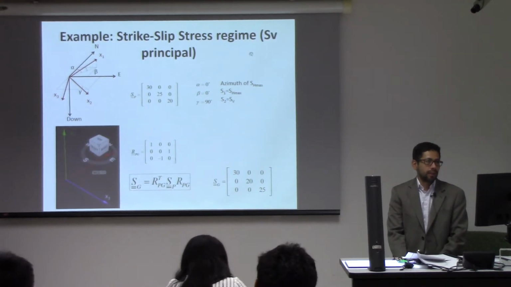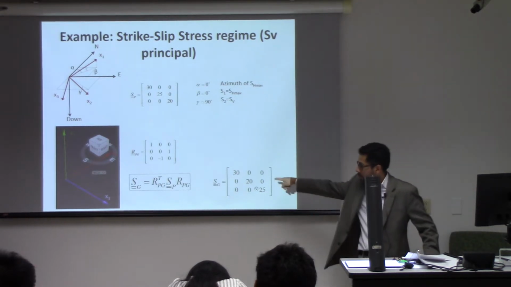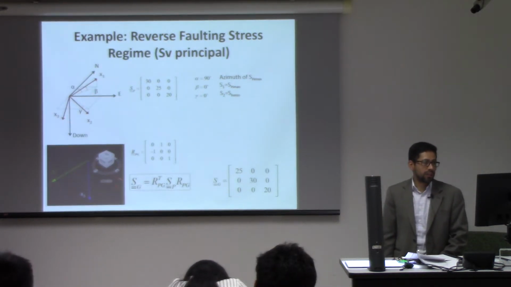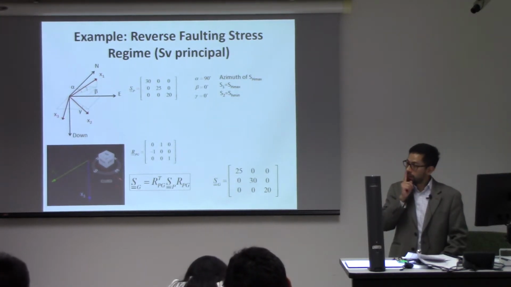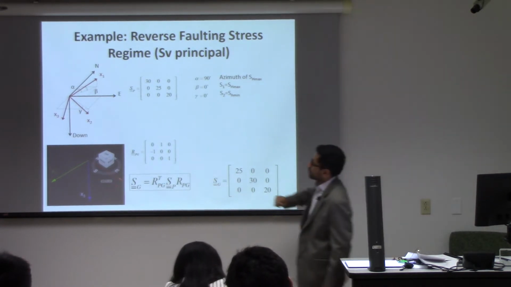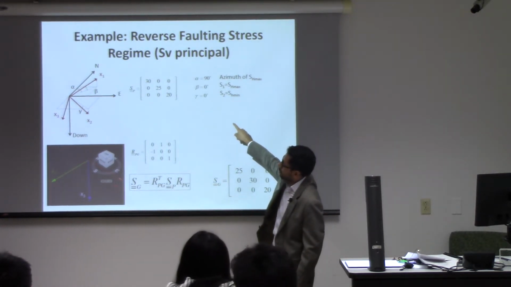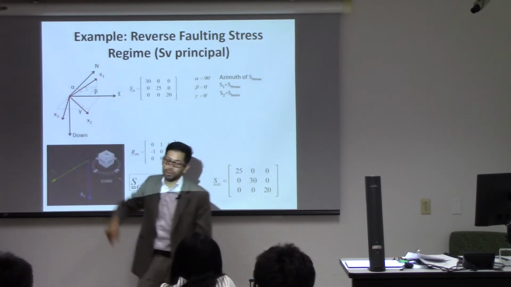If you have strike slip, here you have the example, and you can verify your code with the results over here, or if you had reverse faulting. Gamma is also a vertical angle, yes, the vertical angle between x2 and a horizontal plane.